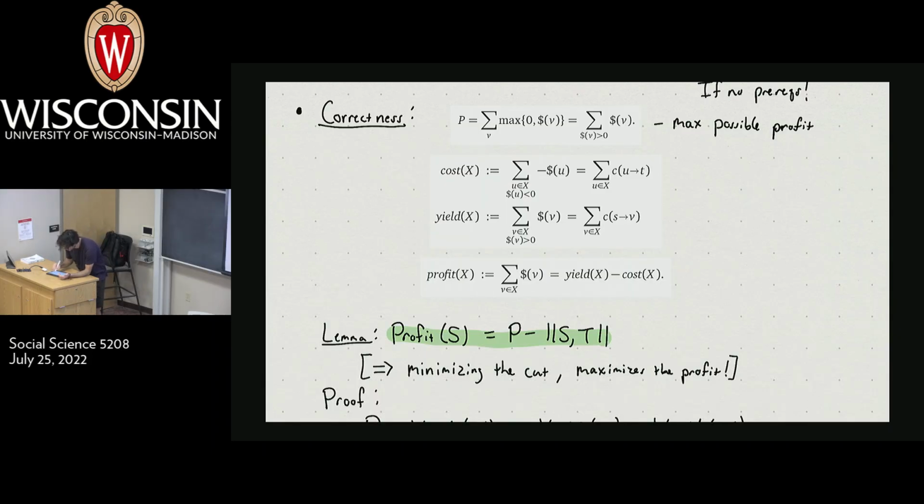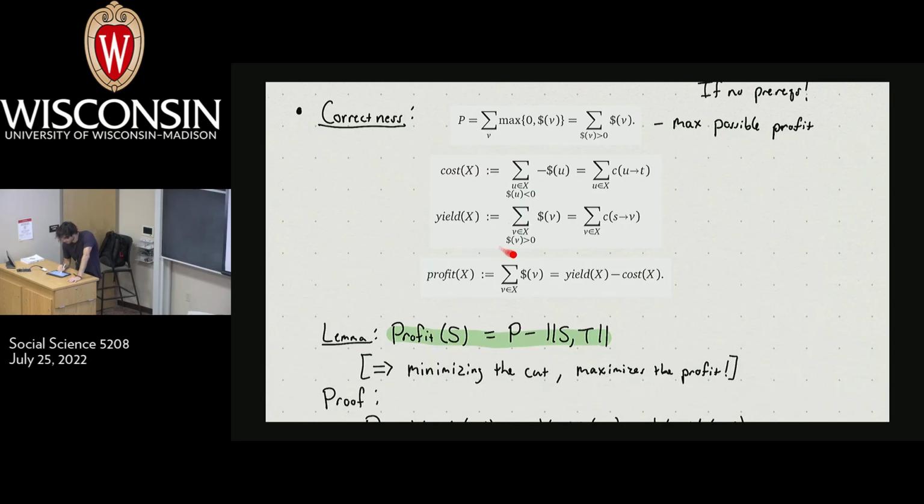To do the proof, we also need two other definitions. The cost of X is the sum of all the negative profit items in X. So it'll be the sum of all these capacities from U to T. The yield of X, you can think of this as the positives you get.